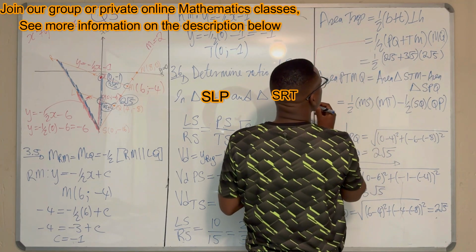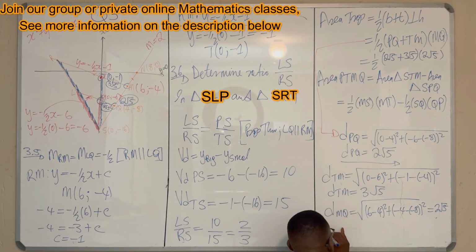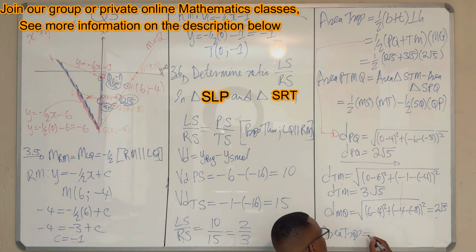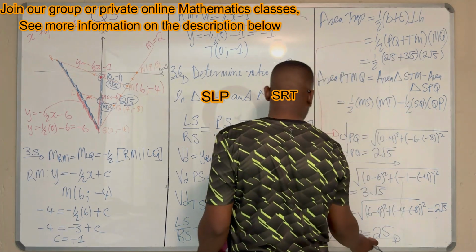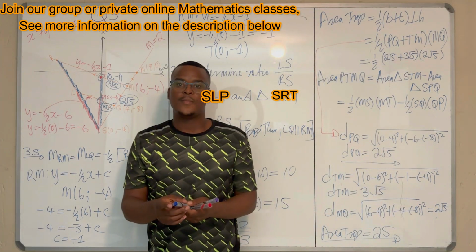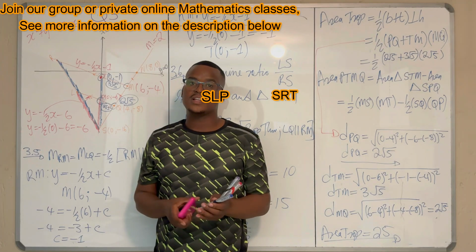So the answer to this, we get that our area of the trapezium is going to be 0.5 times 5 root 5, all times 2 root 5. What is the answer? The answer came out to be 25. So the area is that one over there. So the answer came out to be 25, and I believe we are done with this question.